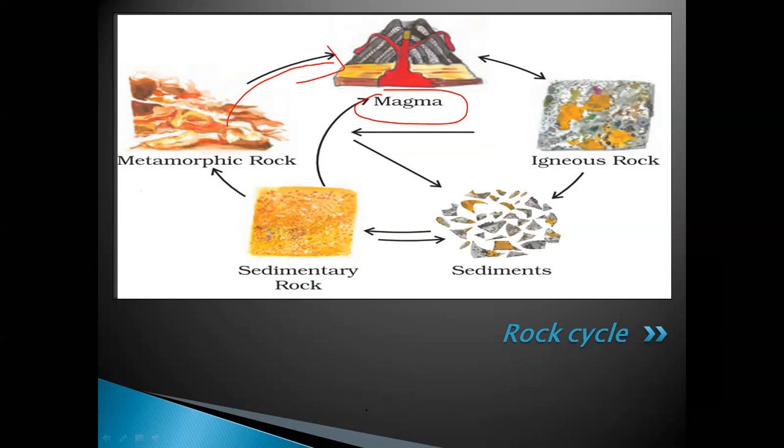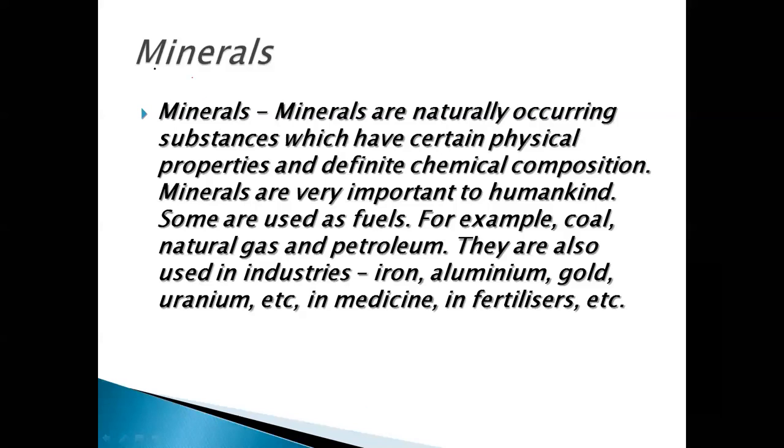So let's come to the next topic, minerals. What are minerals? Minerals are naturally occurring substances which have certain physical properties and a definite chemical composition, and minerals are really important for humankind.